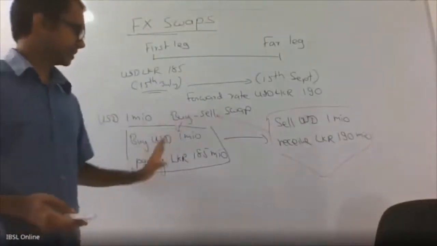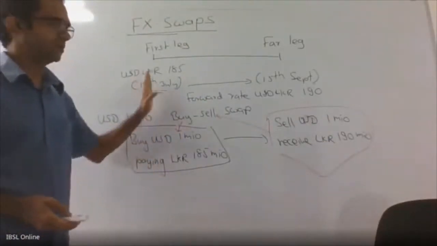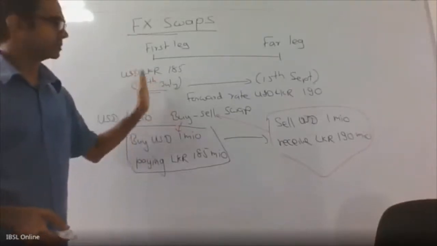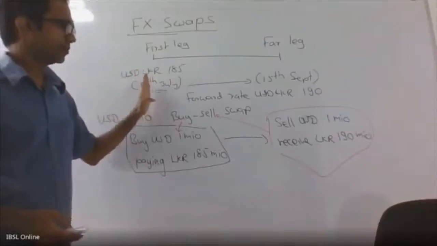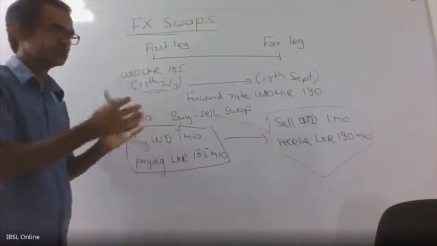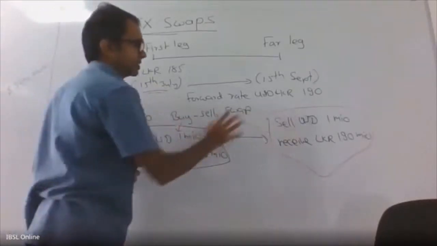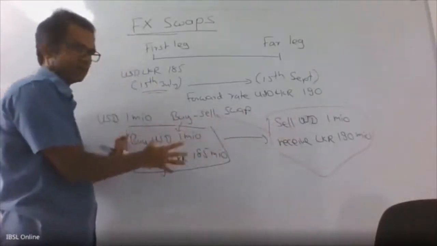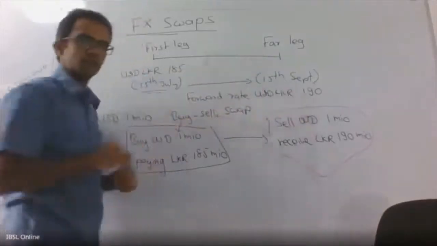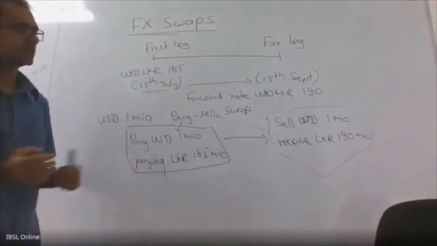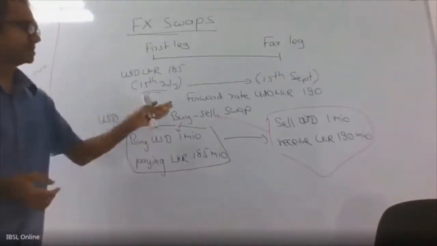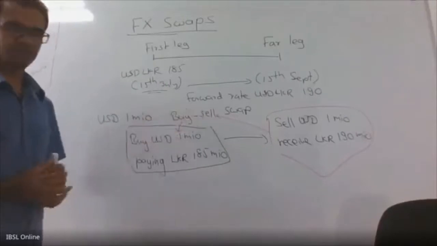The forward rate is agreed as at 15th July, because today you entered into one transaction, but do two different things. You buy today and enter into a sell in the future. That's the nature of the swap buy-sell transaction.